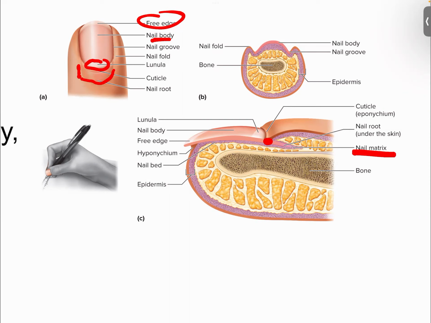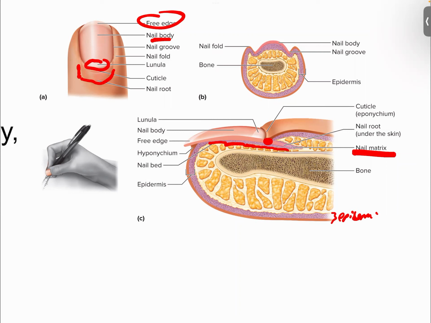Now notice the wrap around here. This right here is your epidermis. Notice how it wraps around and goes all the way around here. So your stratum basale is now right underneath your nail bed.